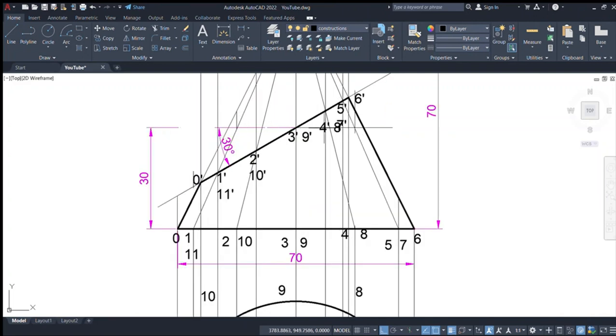So this distance, measure this distance to the slanting length. So from this point to this point, I'm getting 20 units.